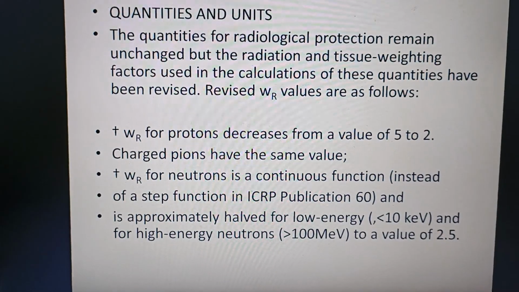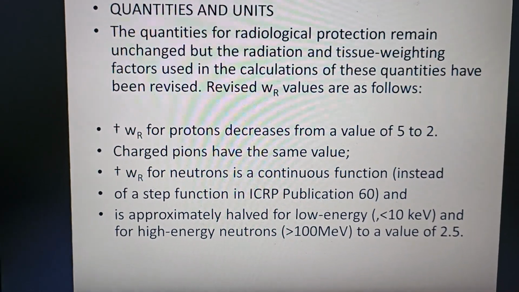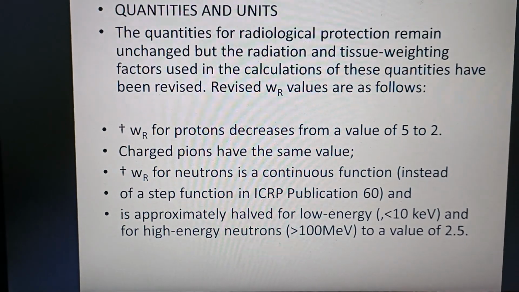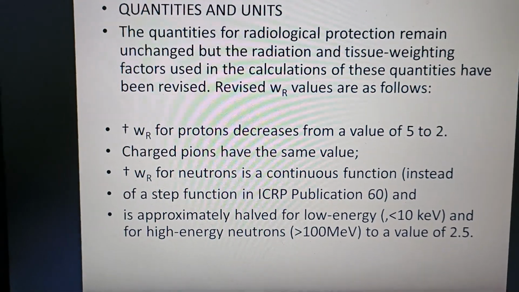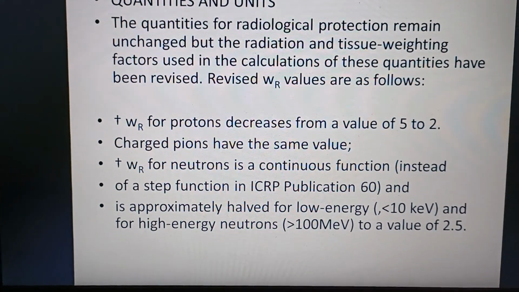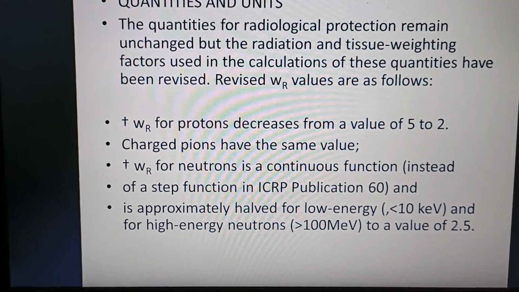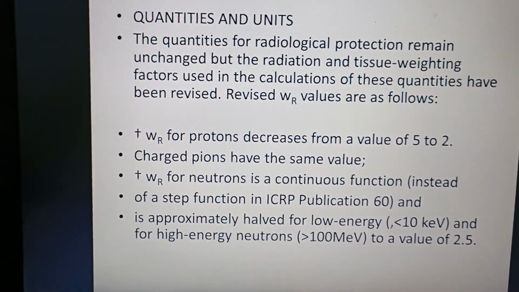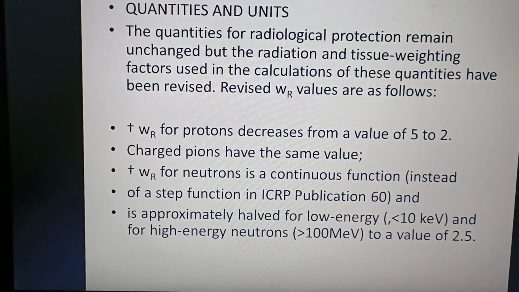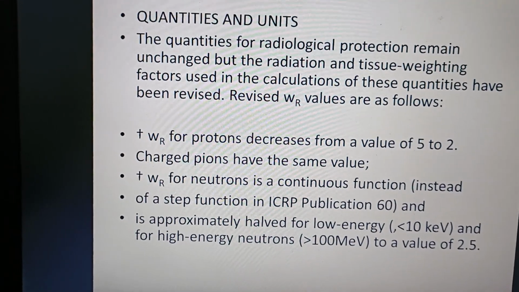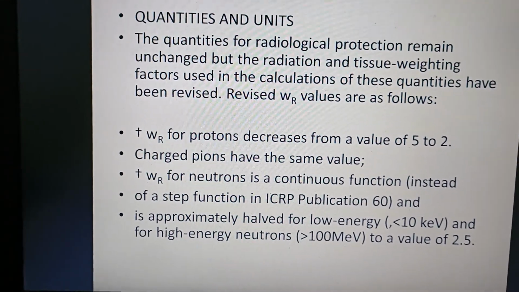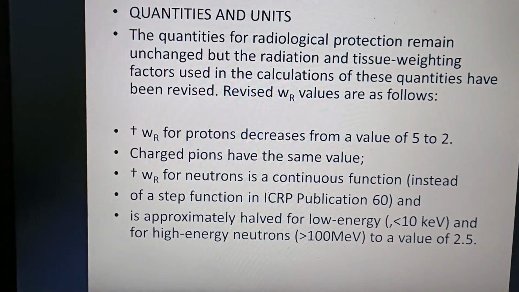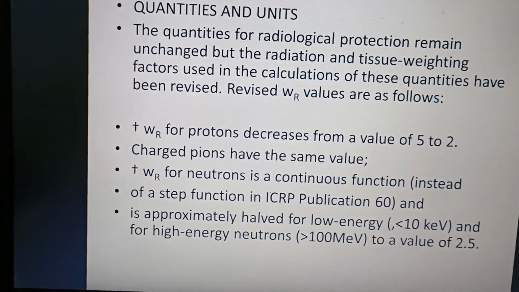WR for neutrons is a continuous function instead of a step function as in ICRP publication 60. As per ICRP 60, the WR value was a step function, but as per ICRP 103, it is continuous, which varies as per energy.